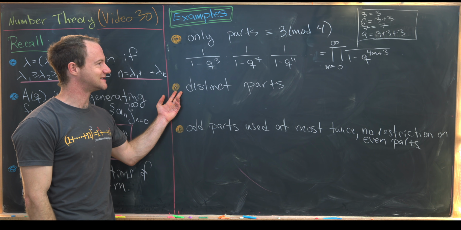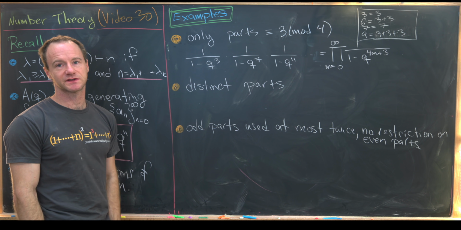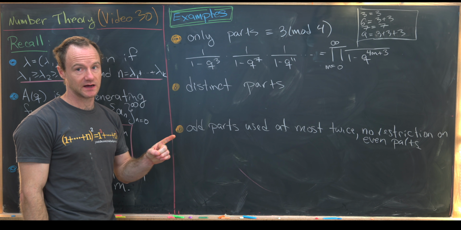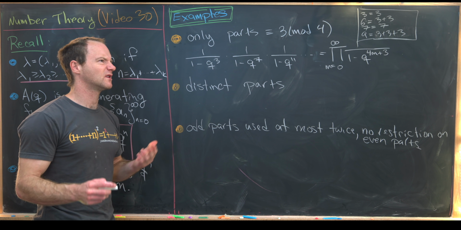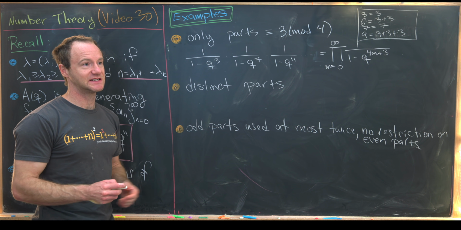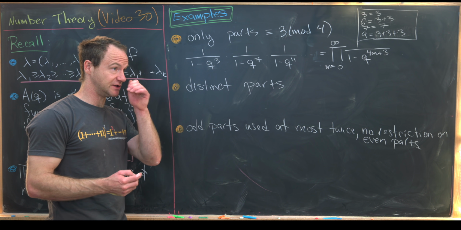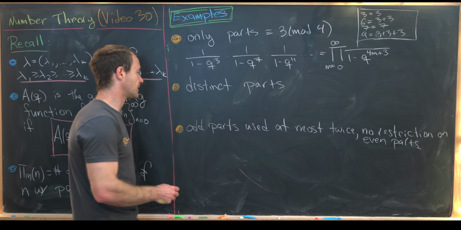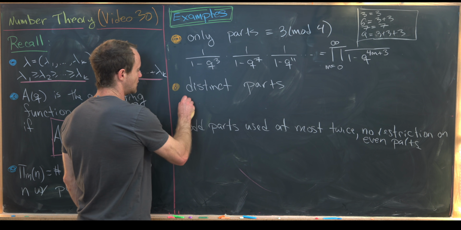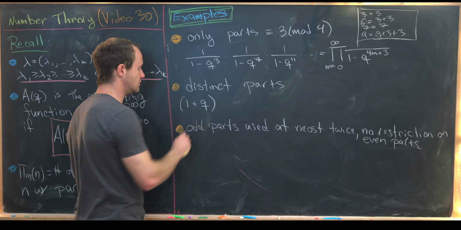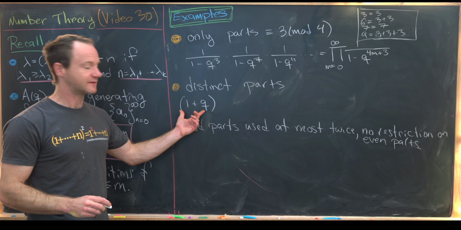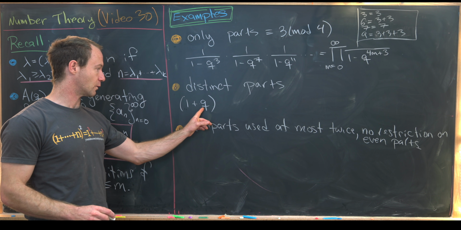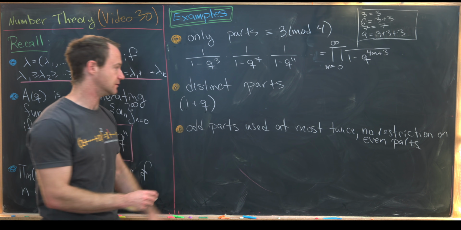Okay, so now let's look at this next example, distinct parts. So that means we're only allowed to use each part one time, or more generally, we're allowed to use each part exactly once or 0 times. Notice 1 plus q is the portion of the generating function which is using 1 0 times, that would be this 1, or 1 time, that would be this q.